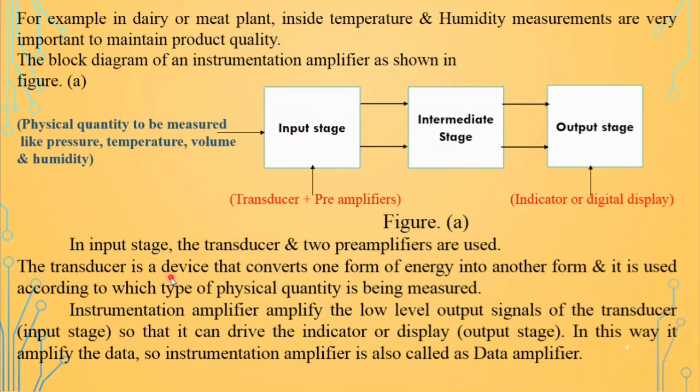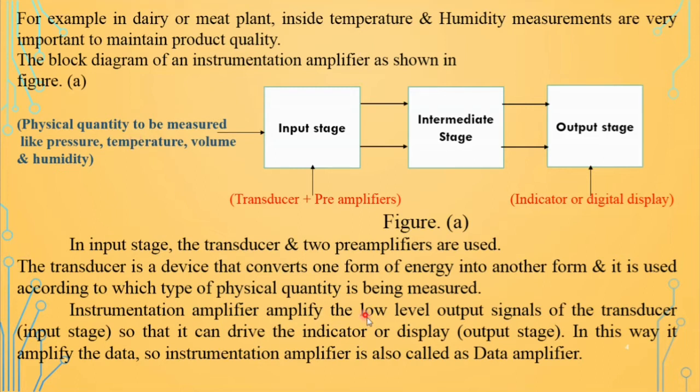A transducer is a device to convert one form of energy into another form. It is used according to the type of physical quantity being measured. Suppose we want to measure pressure; for pressure measurement we need a different transducer. For temperature measurement we require a different type of transducer, and for volume and humidity also we require different types of transducers.